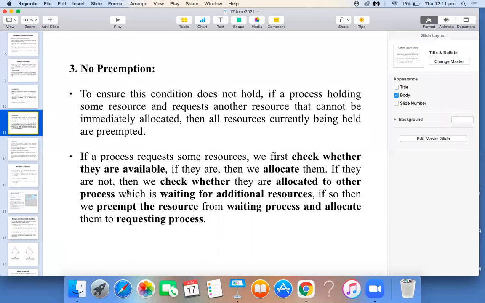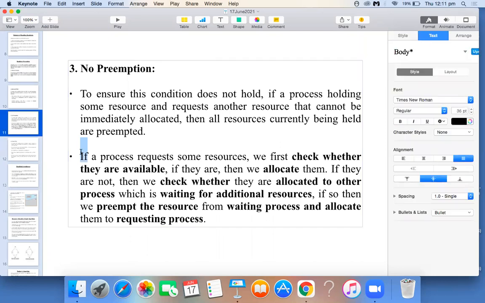Next, the second one is, if a process requests a resource, you first check whether the resource is available. Then you can easily allocate it. If the resources are not available, you have to check whether the resource which the process has requested is held by another process. If it is held by another process that is executing, then no problem.